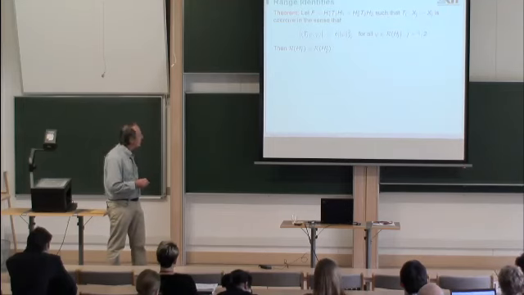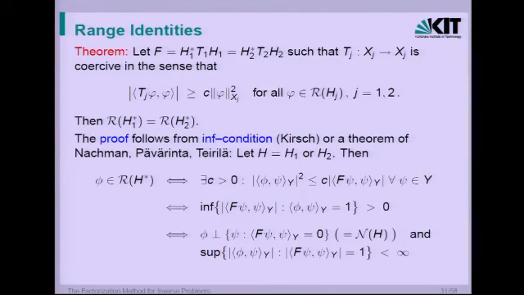And so here is the idea of what you do for the proof. I somehow formulated it with respect to the inf condition, but maybe a more elegant proof is by Nachman, Peverinter, and Tarela. Let H be one of these two operators, H1 or H2.